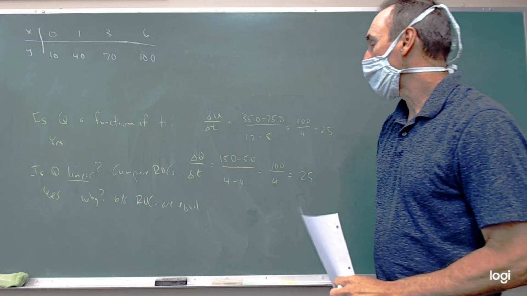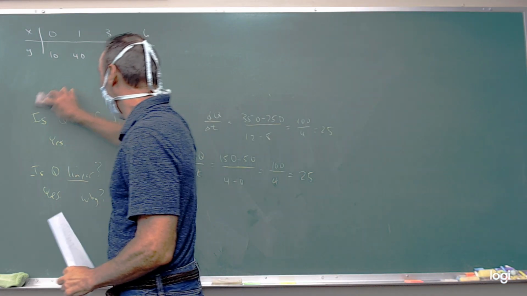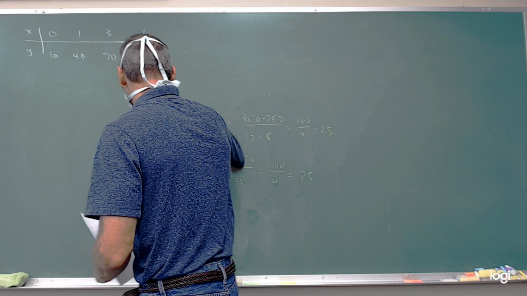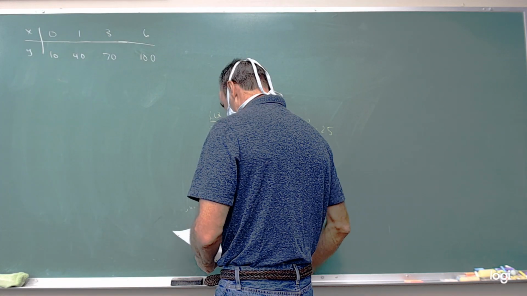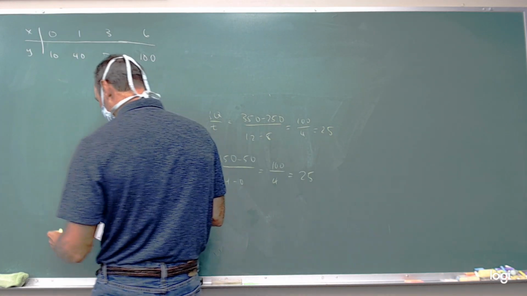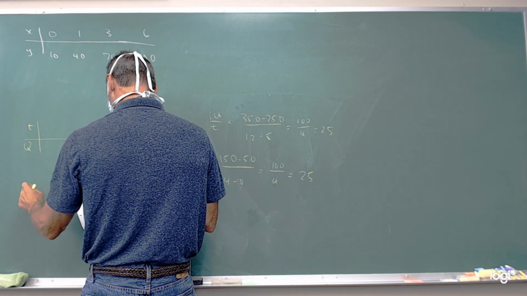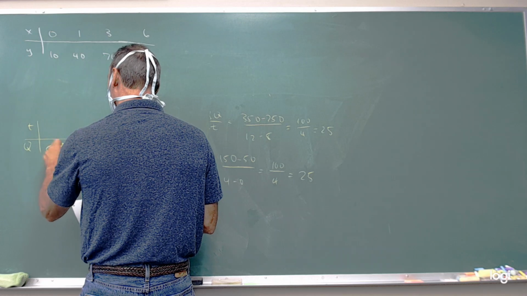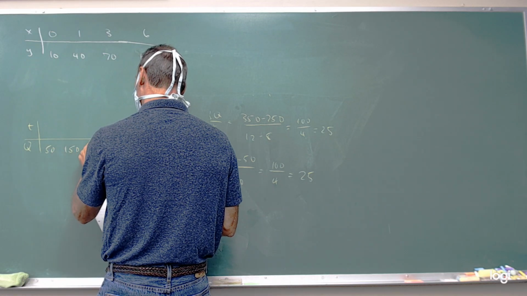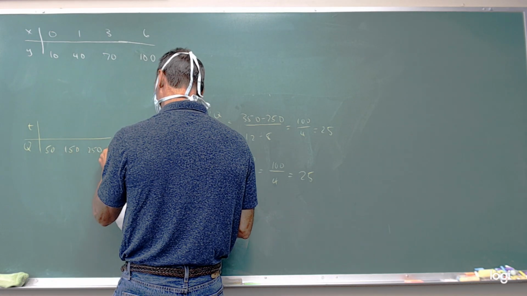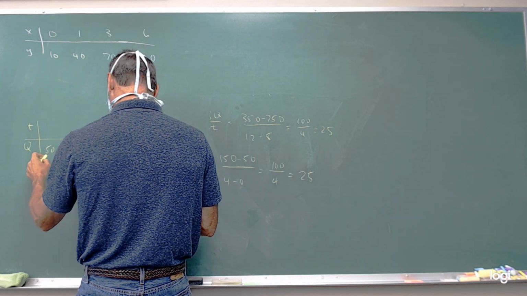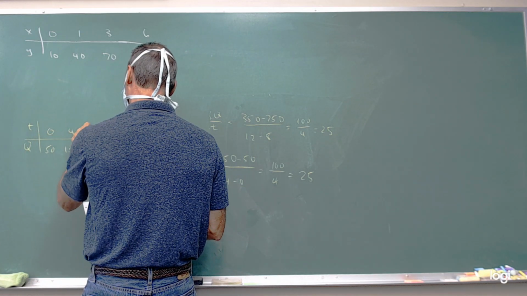So I should have left the other table up there because sometimes what people will say, let me see if I can recreate it real quick. So we had before with the T's and the Q's, we had 50, 150, 250, and 350, and it was 0, 4, 8, and 12.